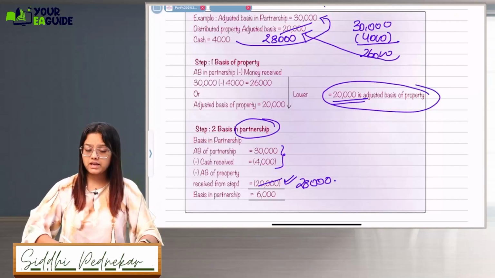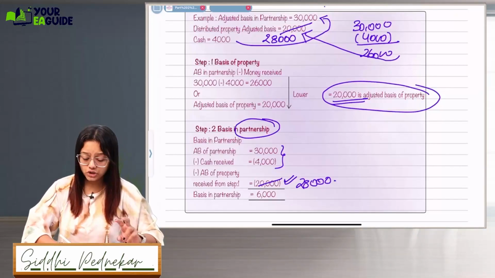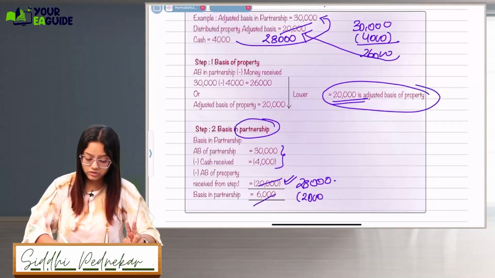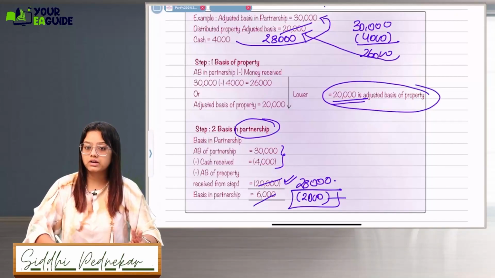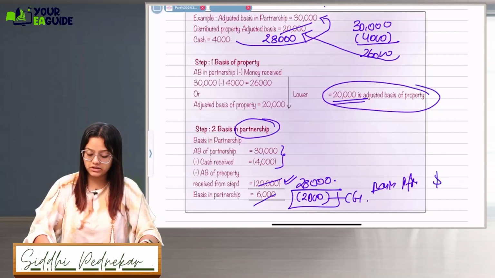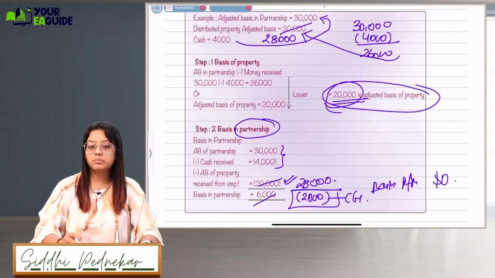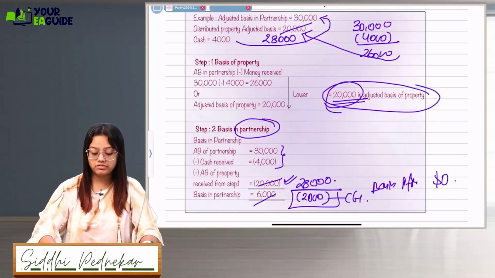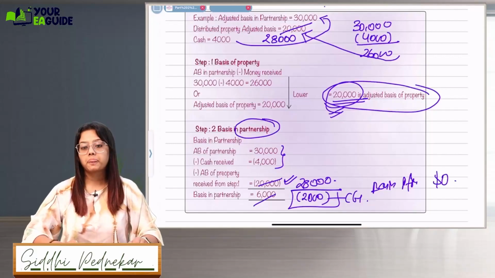So can I say there is a negative figure of 2,000, meaning 2,000 I will recognize as a capital gain, and my basis in the partnership firm will be $0, and the value of the property for the partner will be 20,000. Got it guys?